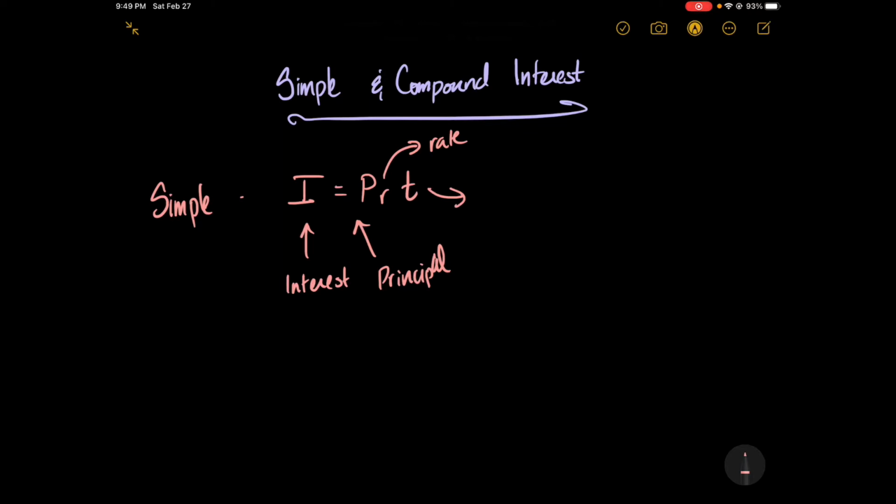And T is usually going to be in terms of number of years.